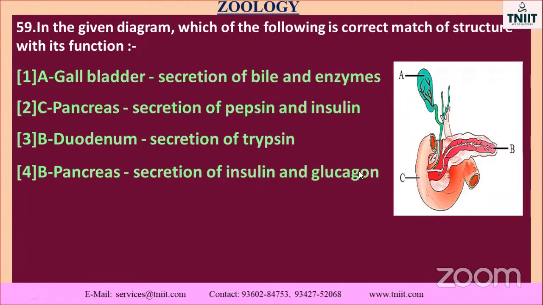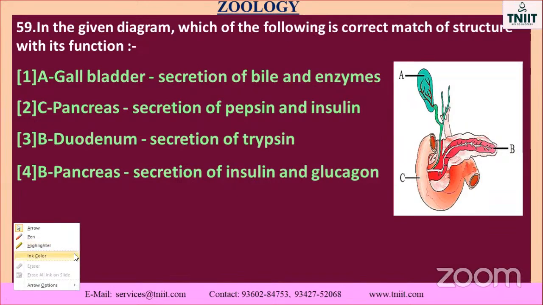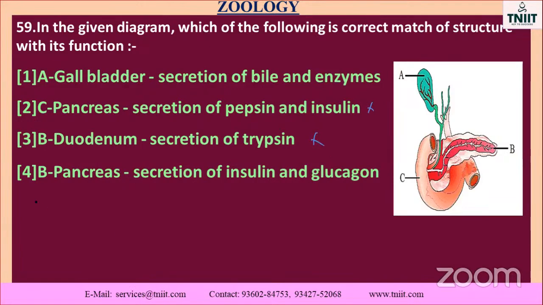No, it is not a pancreas, so it will not come. And B is a duodenum. No, it will not come. So B and C will not come. Comparison between the diagram, these two. And what about the fourth one? The pancreas. This is considered as the pancreas. Secretion of insulin and glucagon. This is the correct one.